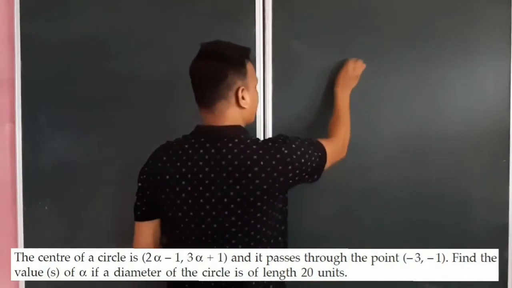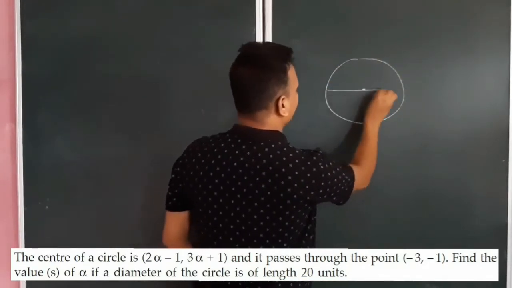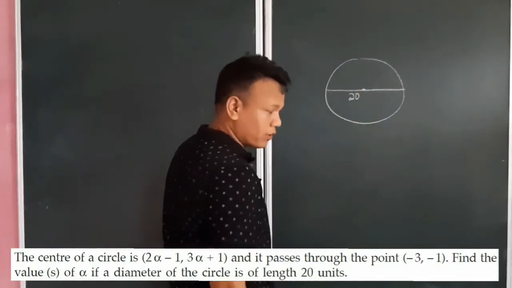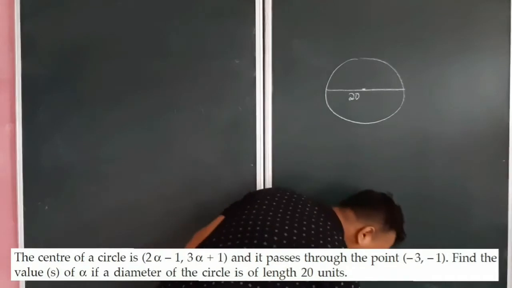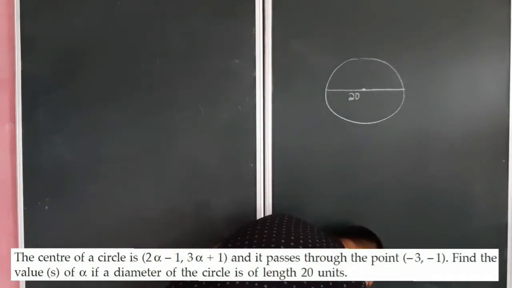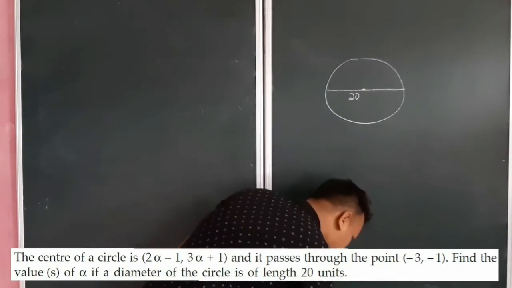So there is a circle. This will be my diameter, and the length of the diameter is given to be 20. The center of the circle is (2 alpha minus 1, 3 alpha plus 1).